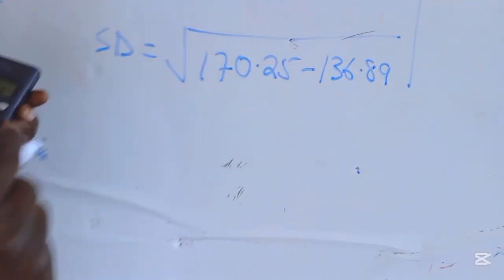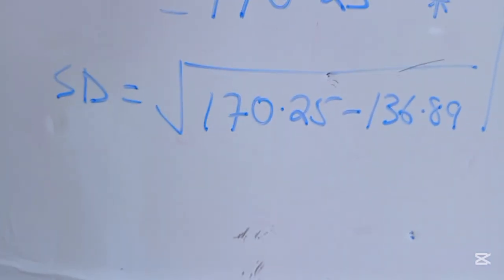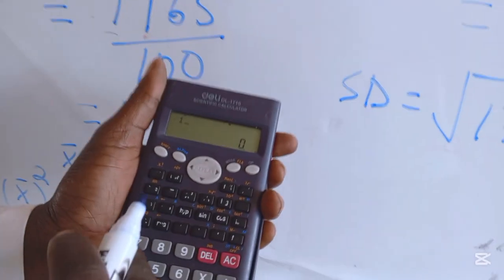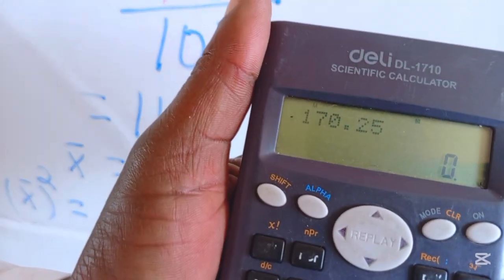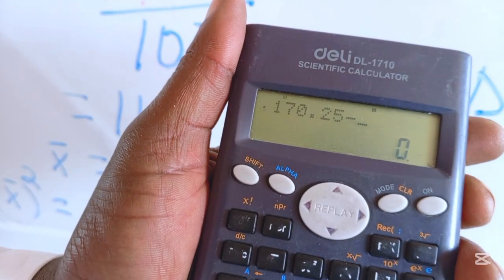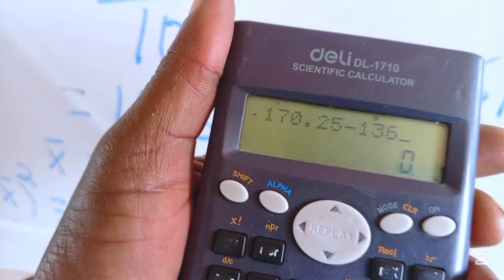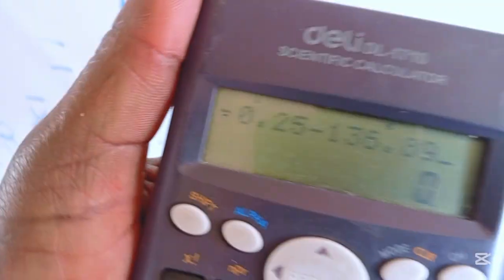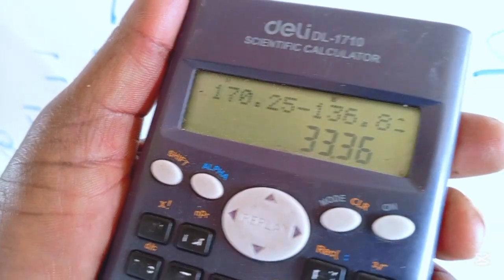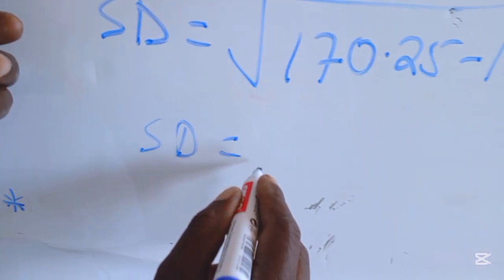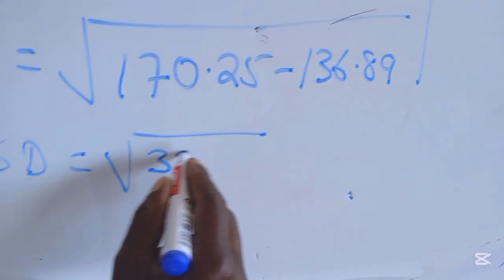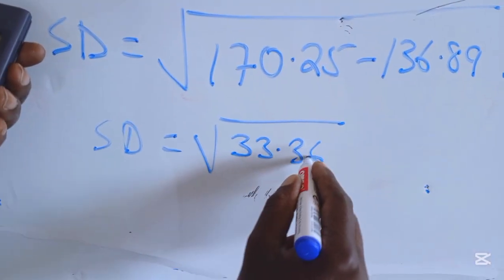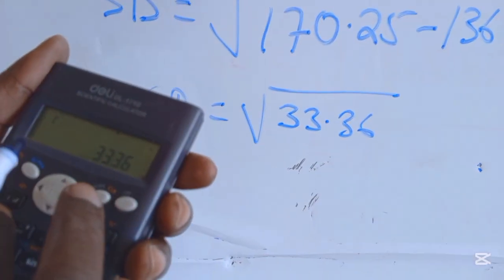So with your calculator, do it nicely. You agree with me that I have this. So what am I going to have? Standard deviation there. You are going to have the square root of 33.36. What is the square root of this number?